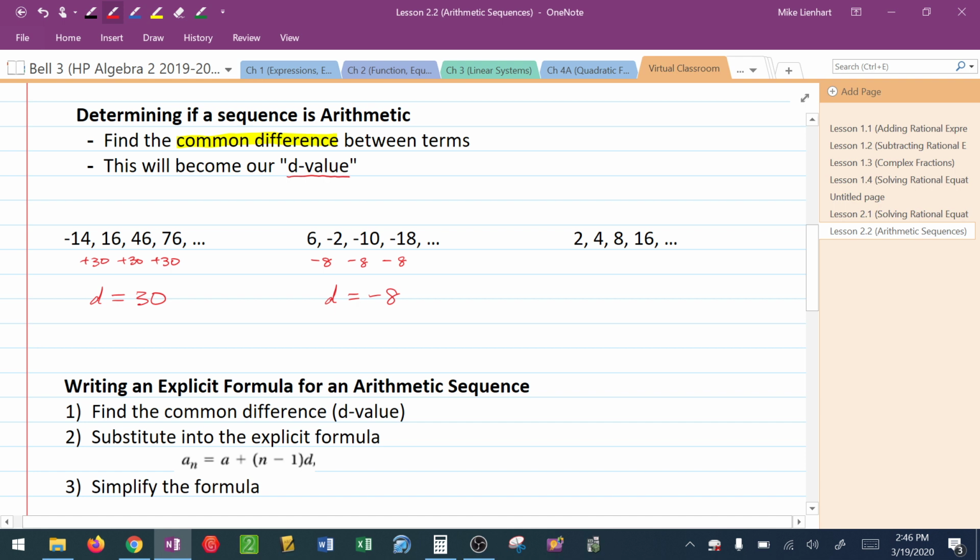This is not arithmetic. We're going to find out later this week that this is something called a geometric sequence. There are a bunch of different types of sequences, guys. We're going to focus this week on arithmetic and geometric.